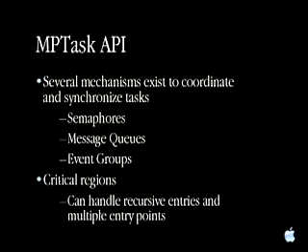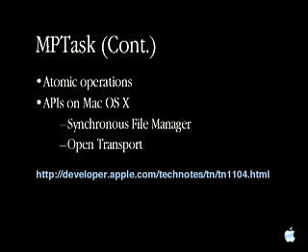This basically lets you do mutual exclusion, and it also allows for recursive entry to those regions. There are atomic operations present in this API that are handy for atomic increment and decrement and test-and-set type instructions. These are all done very efficiently, and they're probably very close to the same implementation as on macOS 9.